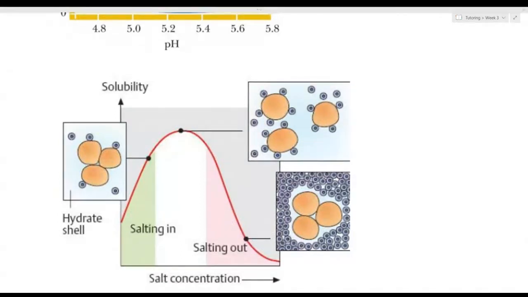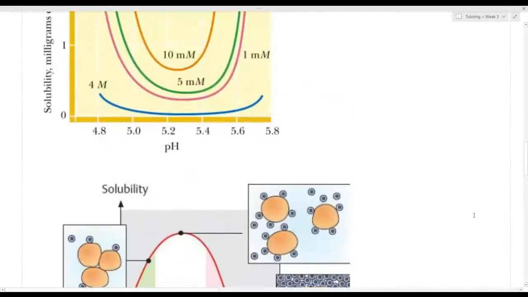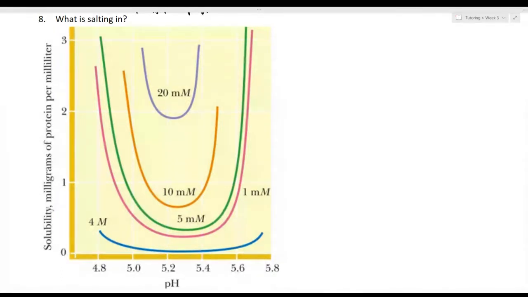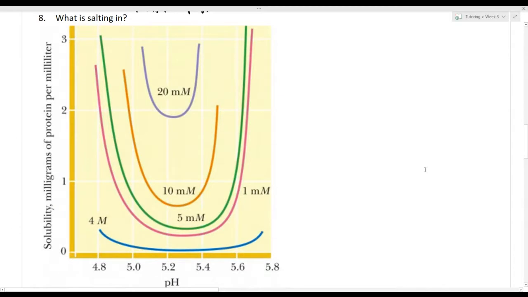So the closer pI gets to pH, yes, I kind of want to put an asterisk on that because, how do I word this? We can see with something like the 1 millimolar versus the 5, increasing the salt increases the solubility up to a point, but they each still have their own parabolic U shapes.